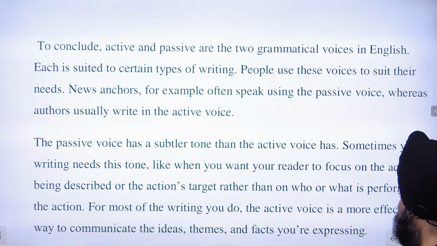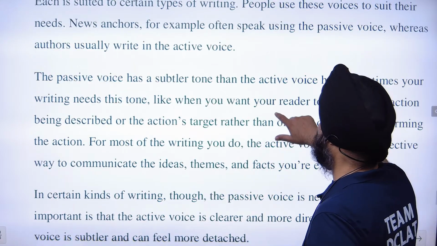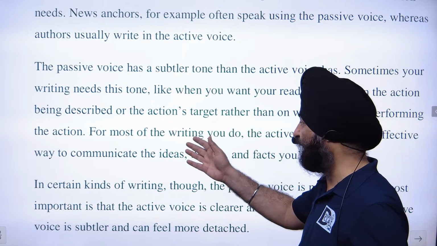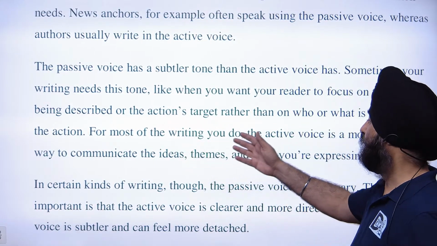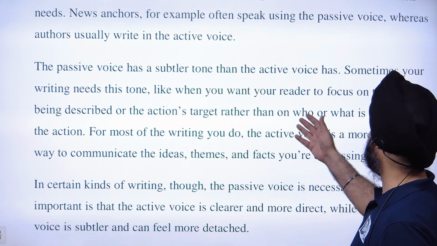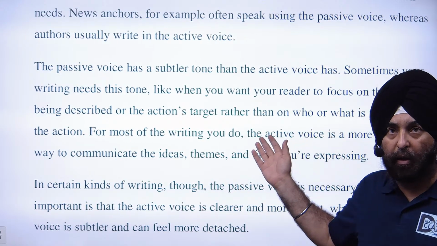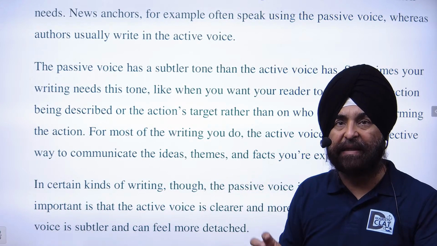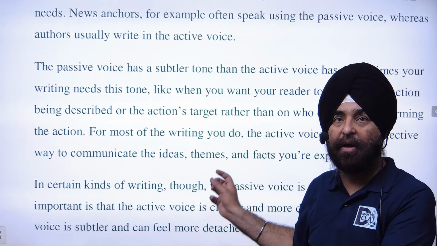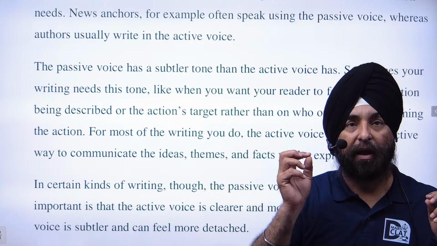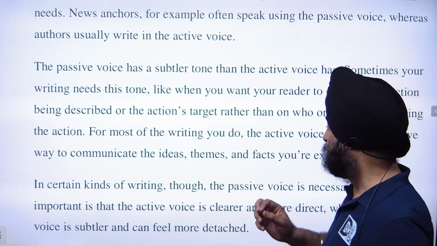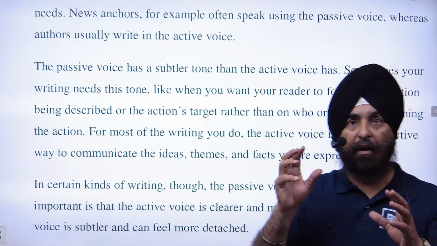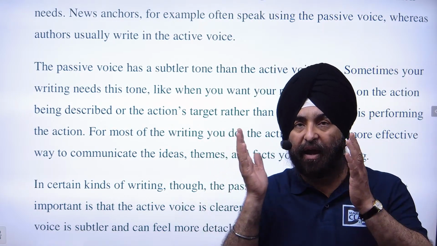Sometimes your writing needs this tone, like when you want the reader to focus on the action being described, or the action's target, rather than on who or what is performing it. So when the focus has to lie on the target rather than on who is performing the task, we make use of passive voice.